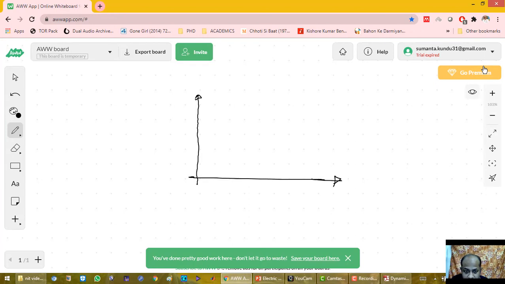If we plot t versus omega m, because that reading we have taken, it will be a kind of rectangular hyperbola. So this is my omega m versus t.